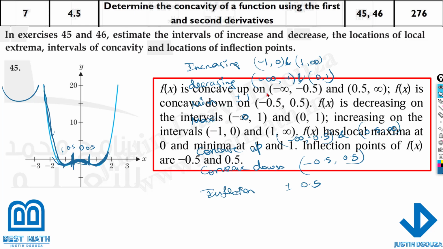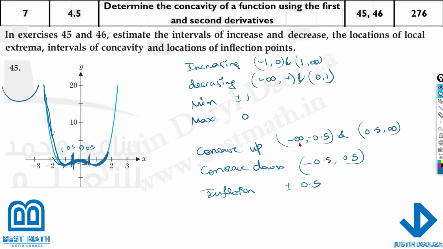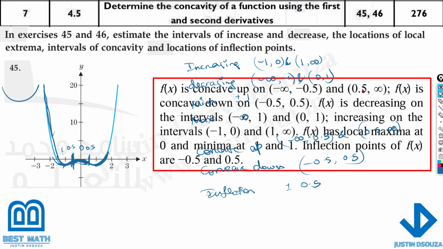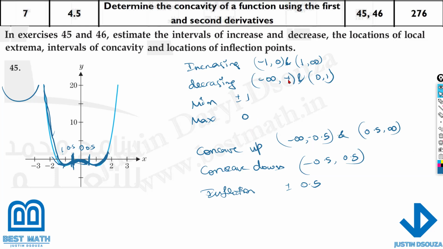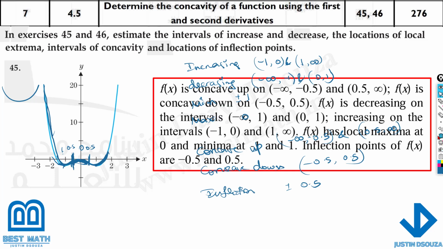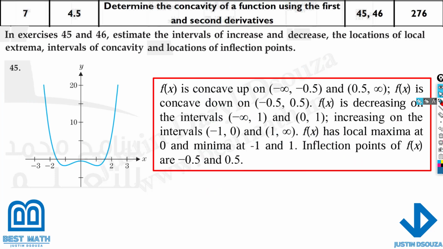Over here they have told us, see, concaving up, we have written minus, and this is correct, and this is correct, and it's down at minus 0.5 to 0.5. Where is it decreasing? Over here it says minus infinity to 1. Let me just check. Minus infinity to minus 1. Sorry, this is wrong here. This cannot be 1.